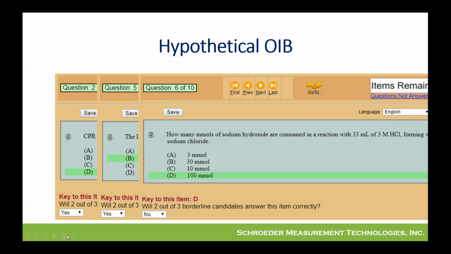I do not think that 2 out of 3 borderline candidates will answer this item correctly, so I select no. If I answer no to the rest of the items, then item number 5 is my bookmarked item.